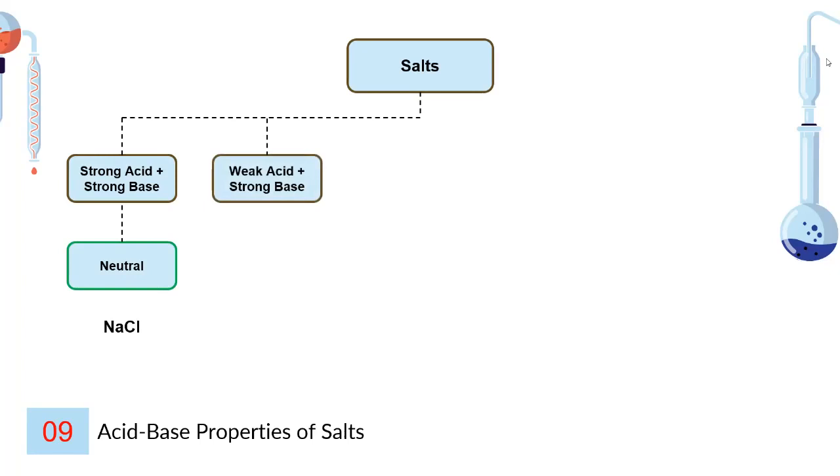If a weak acid reacts with a strong base, the resulting salt may exhibit basic properties. For example, the reaction between acetic acid and sodium hydroxide forms sodium acetate, and in the solution, the acetate ion can accept protons, acting as a weak base and increasing the pH of the solution.